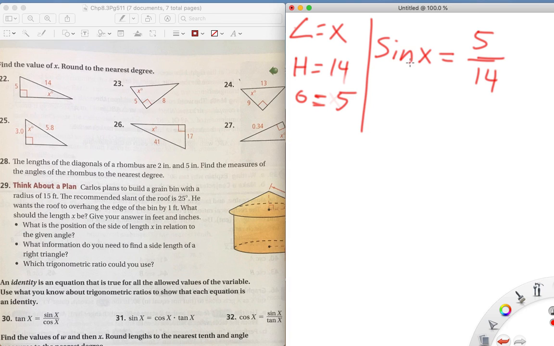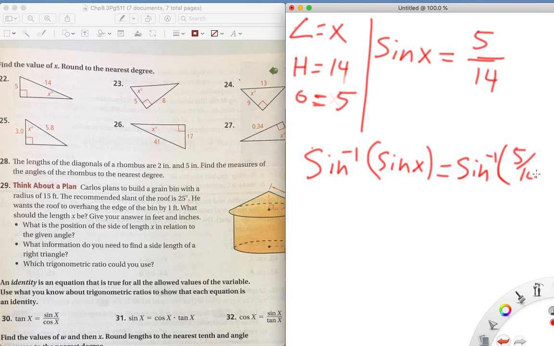But we're trying to find that angle, right? So the way that we deal with that is that we're going to use the inverse. So the inverse of sine of x is equal to the inverse of 5 over 14.